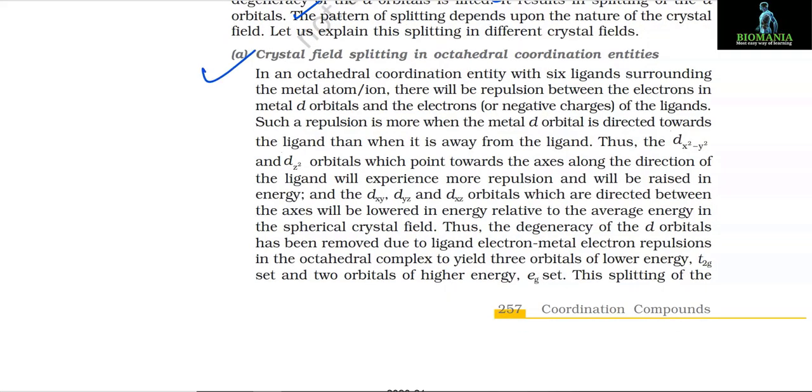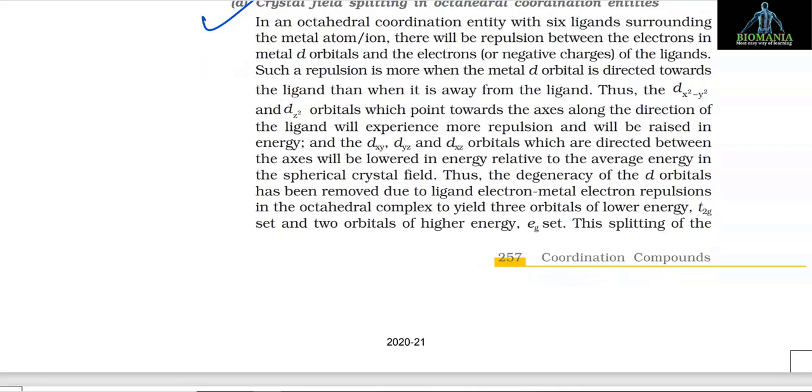A. Crystal field splitting in octahedral coordination entities. In an octahedral coordination entity with 6 ligands surrounding the metal atom or ion, there will be repulsion between the electrons in metal d orbitals and the electrons or negative charges of the ligands. Such a repulsion is more when the metal d orbital is directed towards the ligand than when it is away from the ligand.